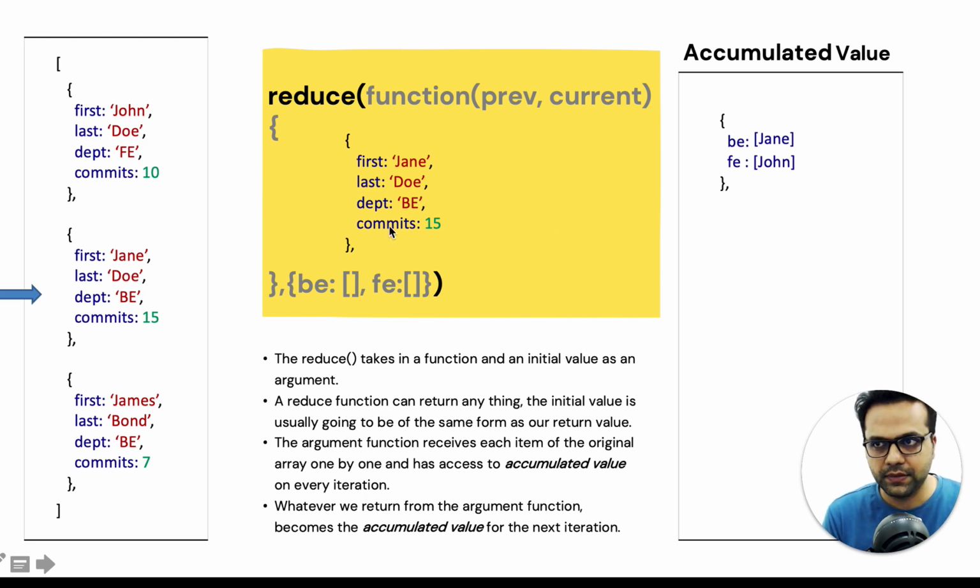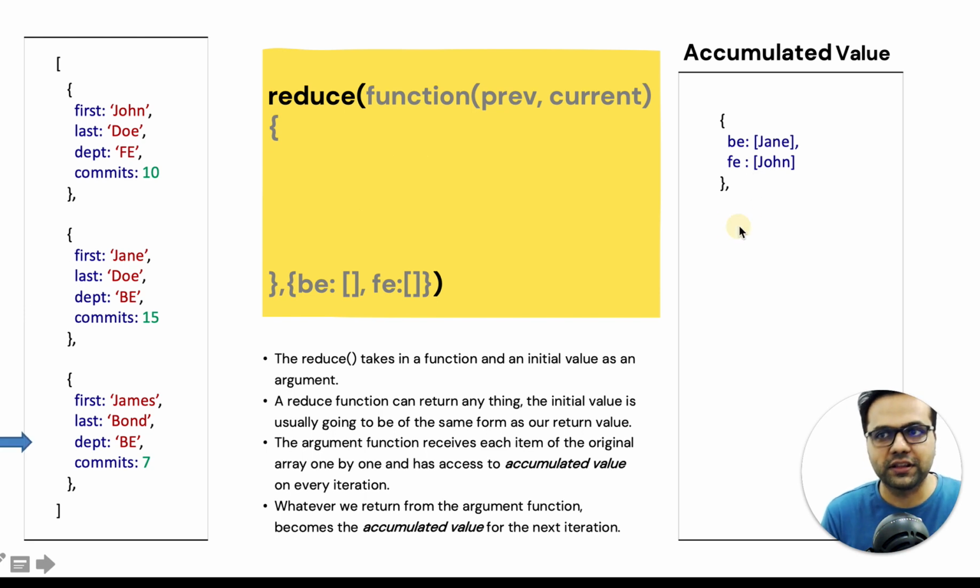Okay. So in the second iteration, it got this object with backend empty and frontend John, but it returned an object with frontend John and backend Jane. And now this becomes the previous value for the third iteration. So it moves to the third iteration.